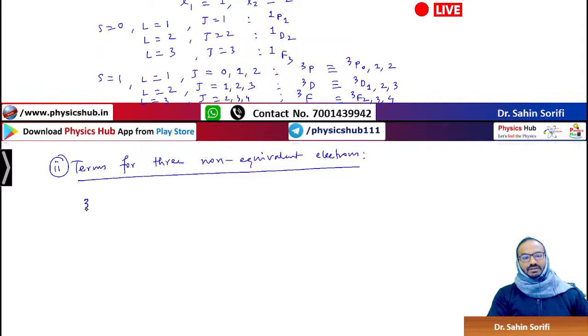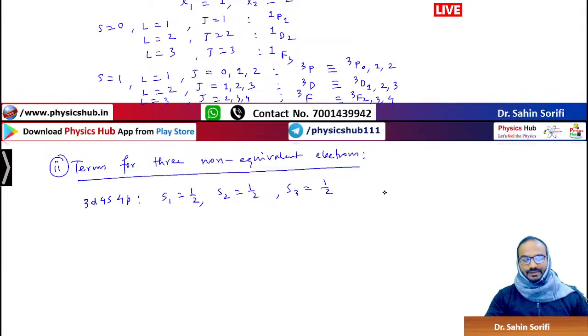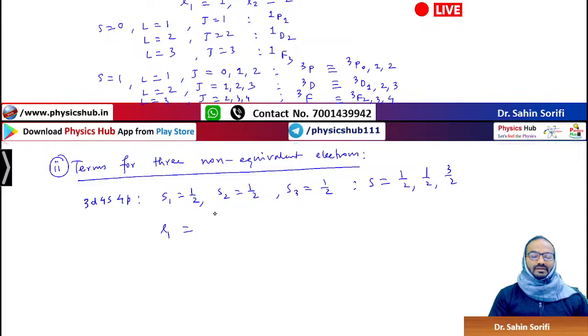Let's say we have 3d, 4s, 4p. They are non-equivalent electrons with s1 equals half, s2 equals half, s3 equals half. For the spin part there is no problem, every time it is half, and accordingly you get S equals half, half, 3 by 2. This 3-electron case generally doesn't come in the examination, so you don't need to worry about it. We're just doing it for the sake of completeness.